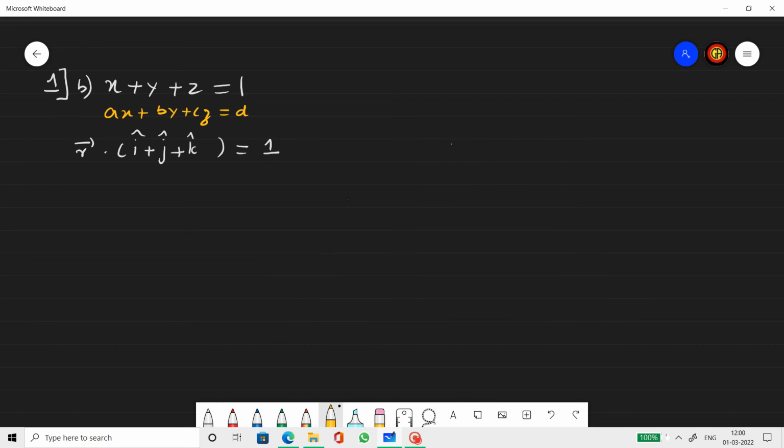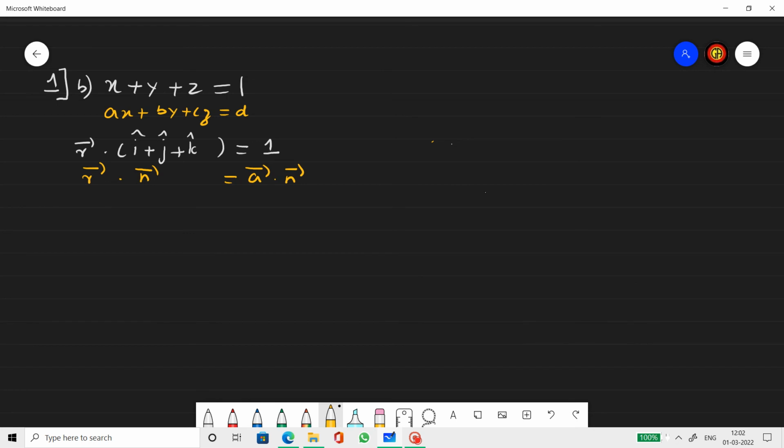So this is in the form r vector dot n vector equals a vector dot n vector. But in the question, they want us to find the direction cosines and the distance from the origin. So we need to convert this into the form r vector dot n cap equals d.